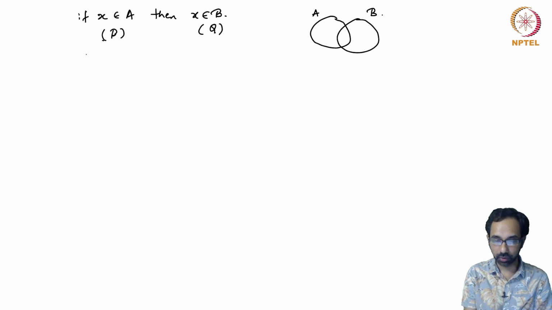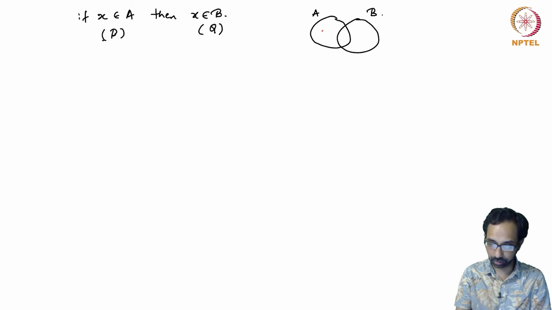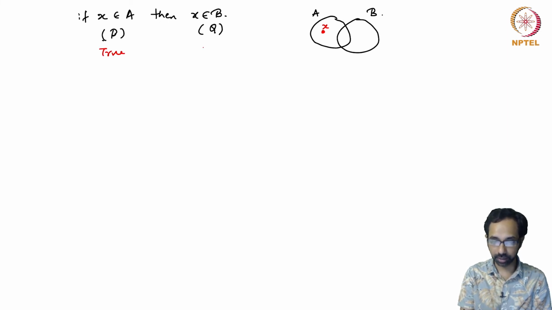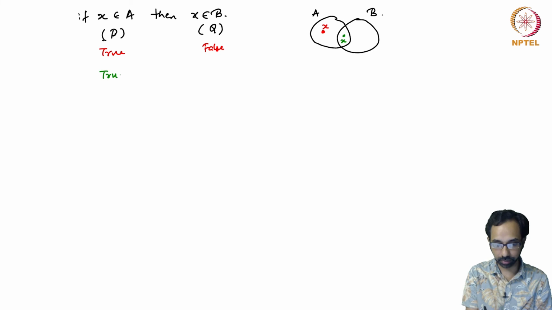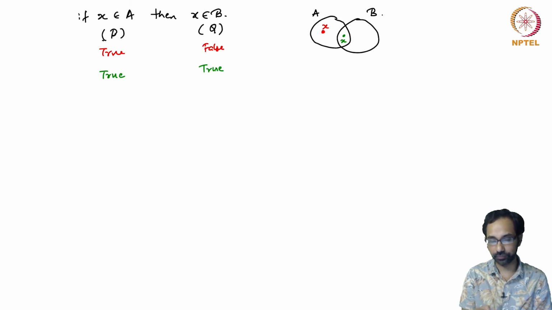And if you choose x to be here, if this is our x, then the first part is true, okay, but the second part is false. And if you choose x to be here, then both the first part and the second part are true. Okay.